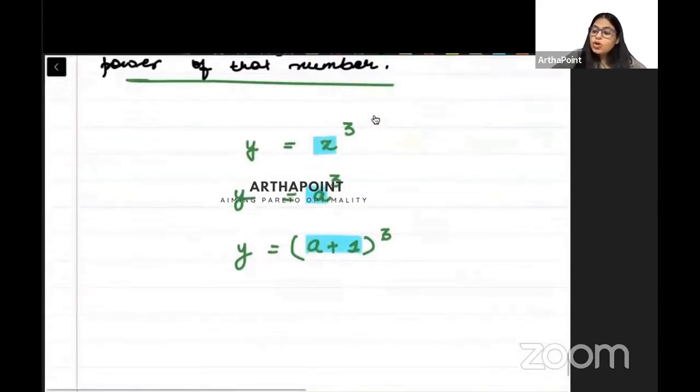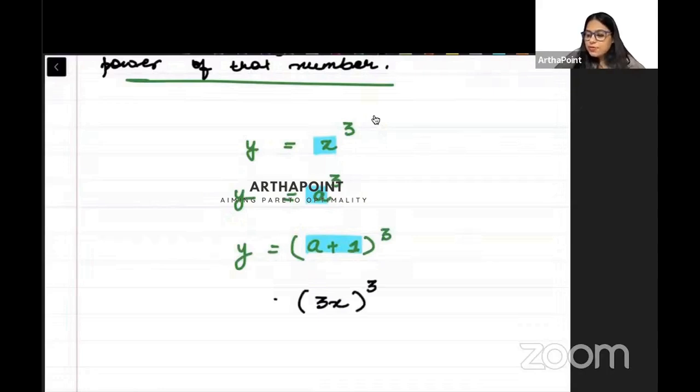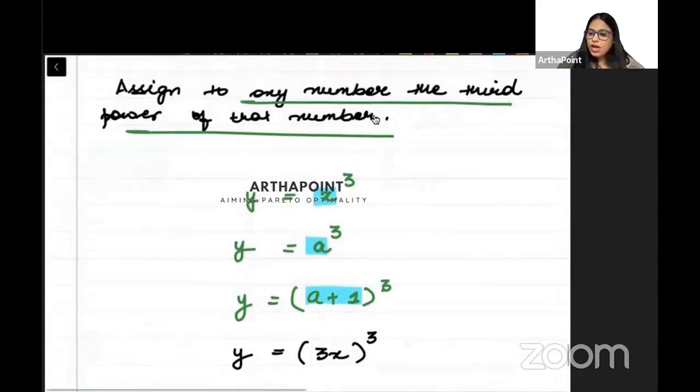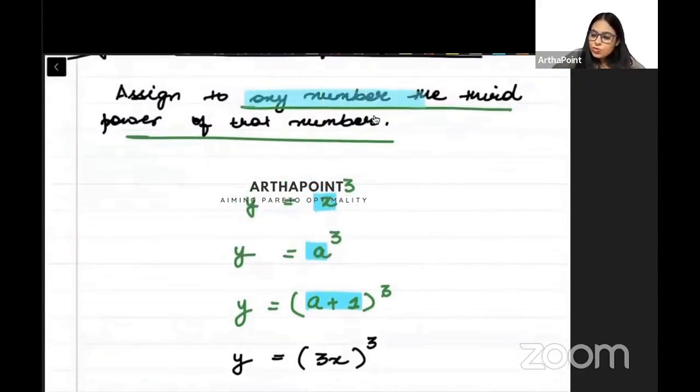Take anything. Let the number be 3x. Then you assign its third power. That will be the new number. Understood? This is how this question has to be explained. This is how we are saying that the function is defined. This rule is given here: assign to any number the third power of the number.